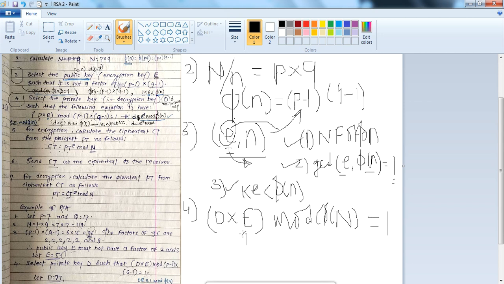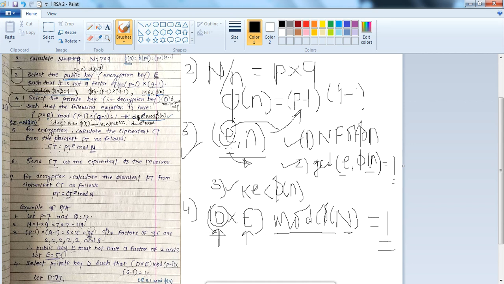Considering e from step 3, now mod n, we know n, and the answer should be 1. That is the selection criteria for d.